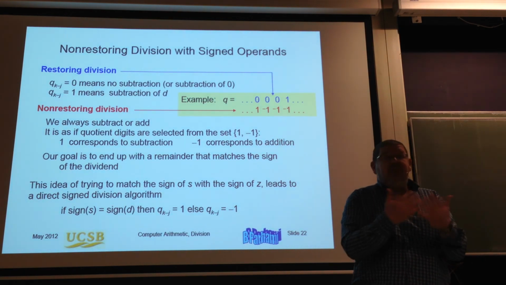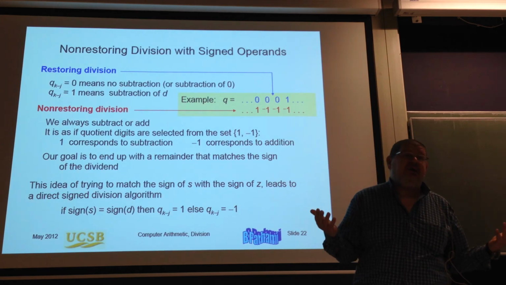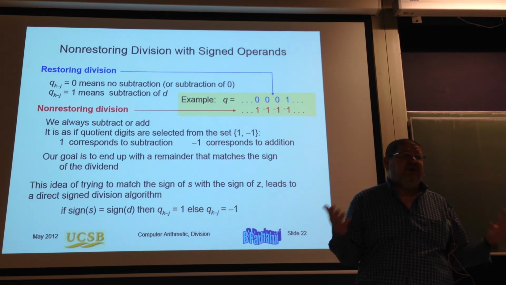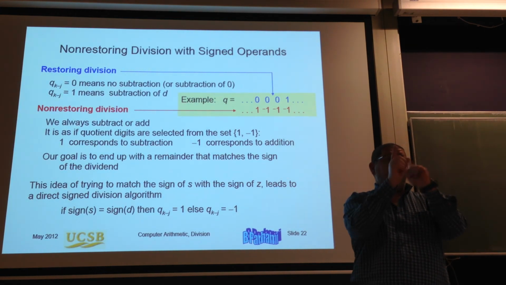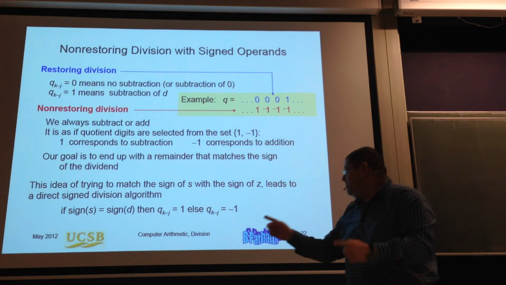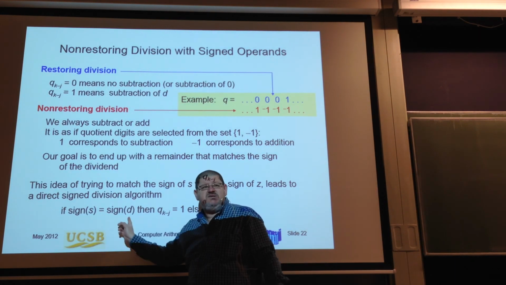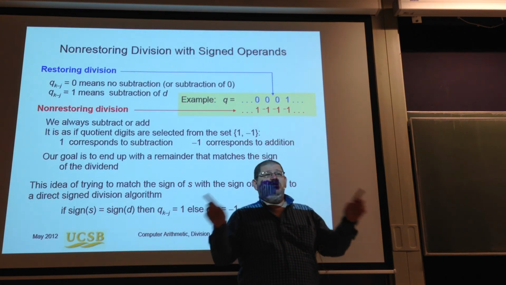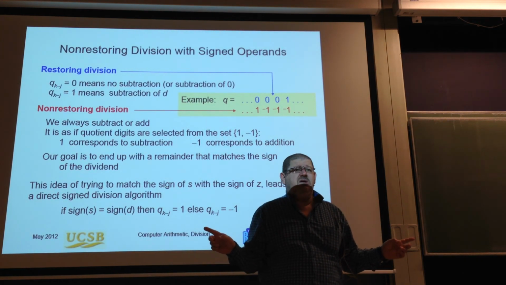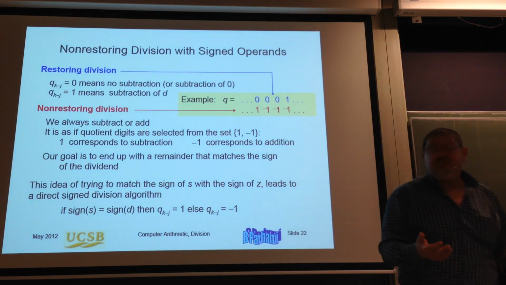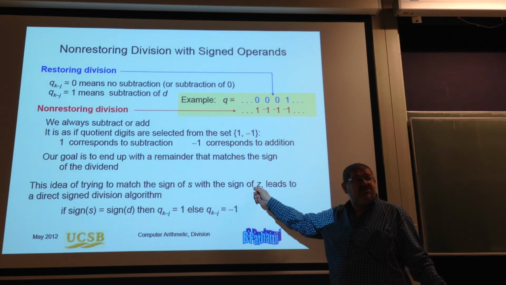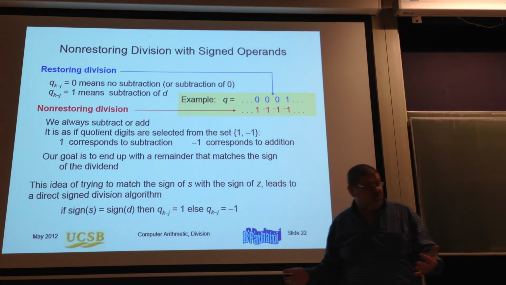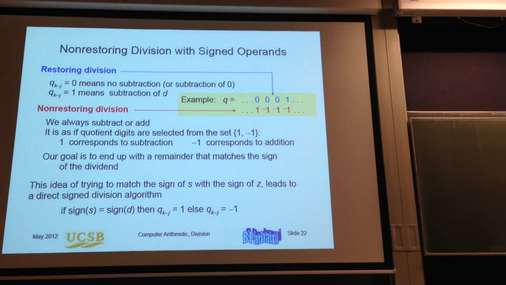But I'm actually unaware of the signs. The fact that I'm dealing with signed numbers is transparent. I don't care. I just try to equalize the signs of those guys, which for me are just 2 bits. If they are the same, I make a choice. If they are not the same, I make another choice. But at the end of the calculation, I have to check whether Z and the remainder have the same sign, and if not, I have to do a compensation iteration.